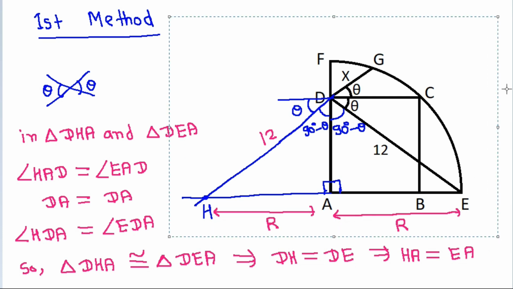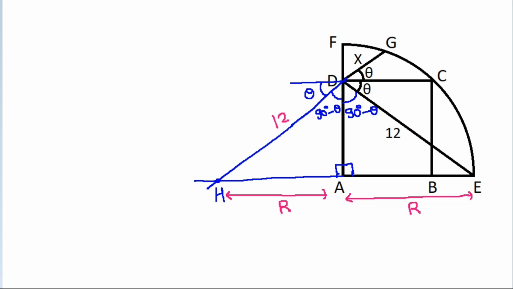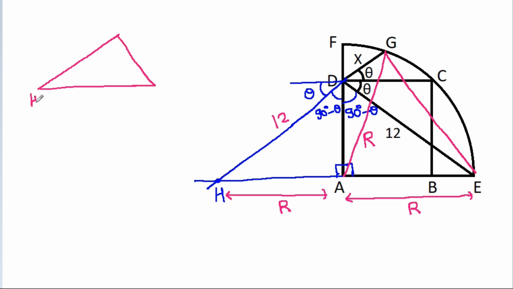and if we join AG, then AG is also radius of quarter circle, and now in triangle HGE, this point is A, and HA is radius, AE is radius, and AG is radius.